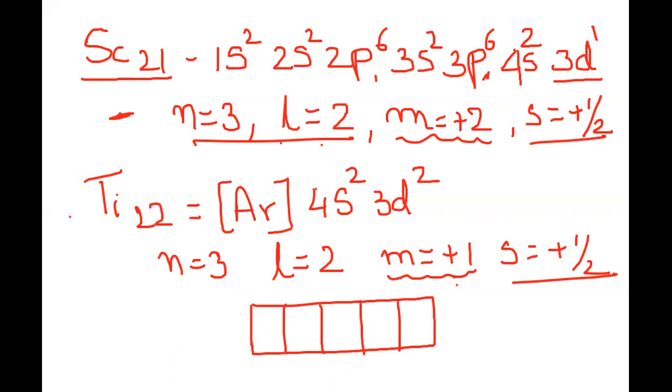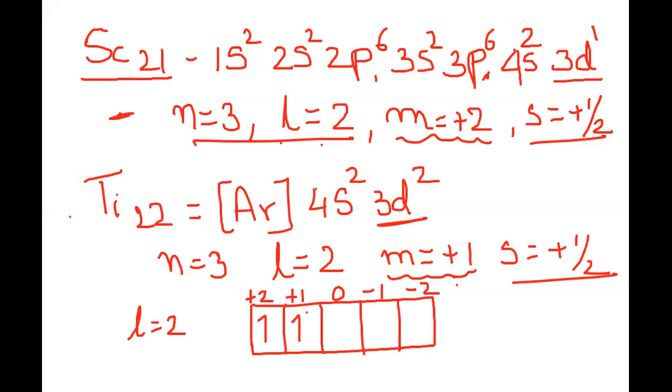So when l is equal to 2, I'm talking about the d orbitals. The value of m will begin from +2, as I think in your book it is given +2, +1, then 0, then -1 and then -2. It's going to add up like this. So for the electron I'm talking about, 3d2, this electron is going to enter here.